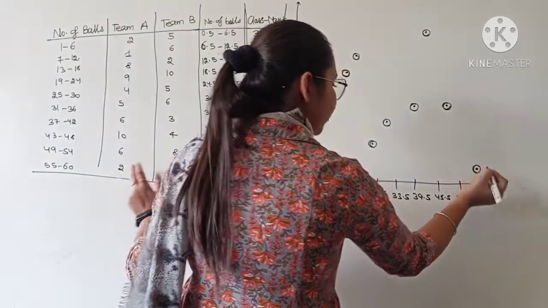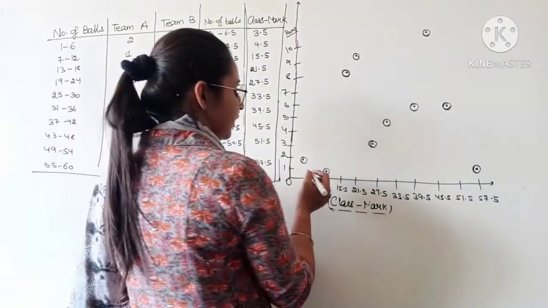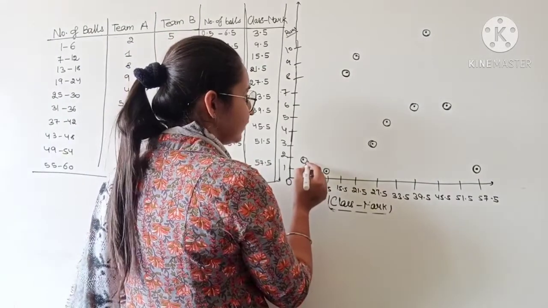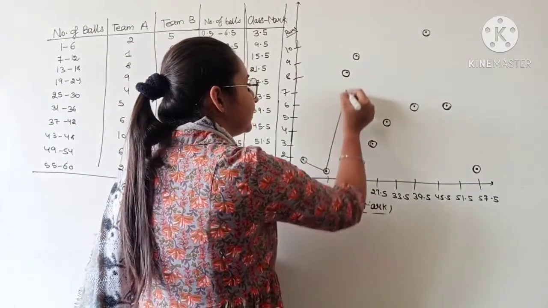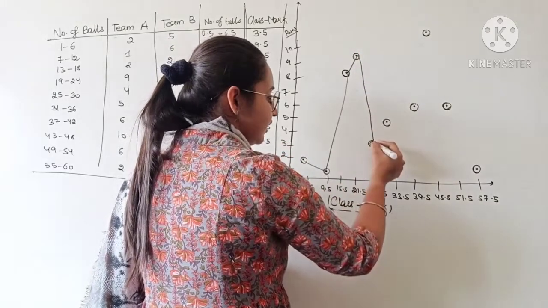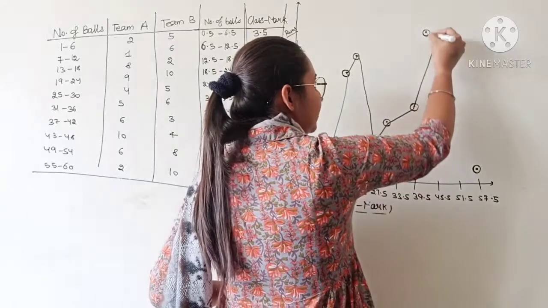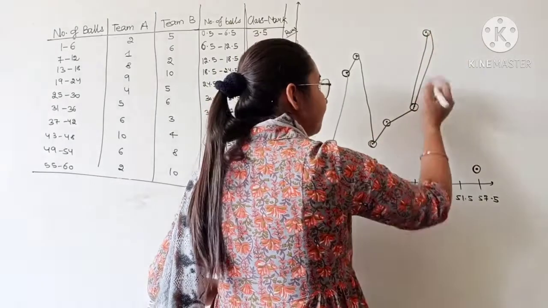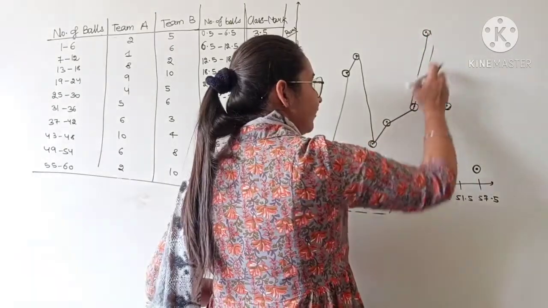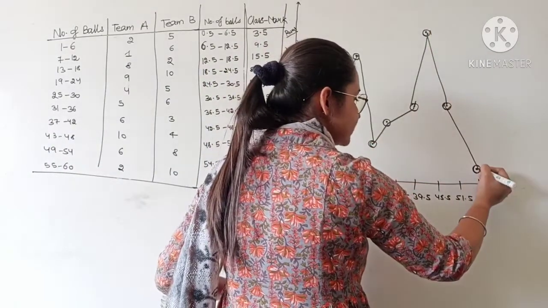Now what will I do? I will just join the points by line segments. So first is 3.5, then 9.5, then this, and after 21.5, then 27.5, then 33.5, then 39.5, then 45.5, after 45.5 it is 51.5, and then it is 57.5.